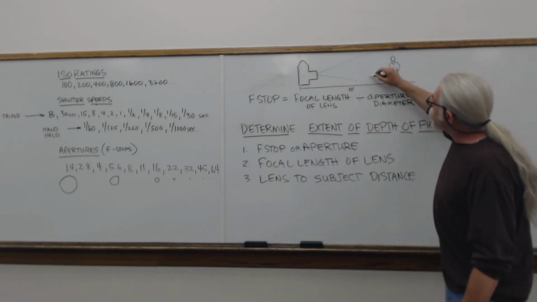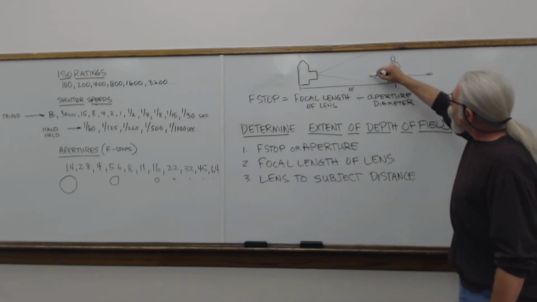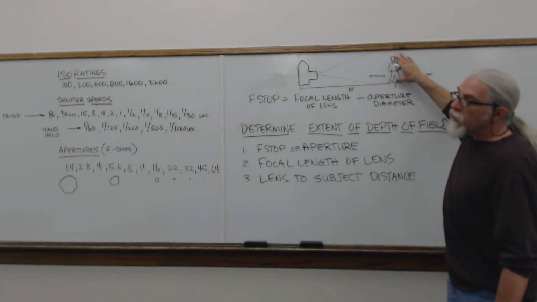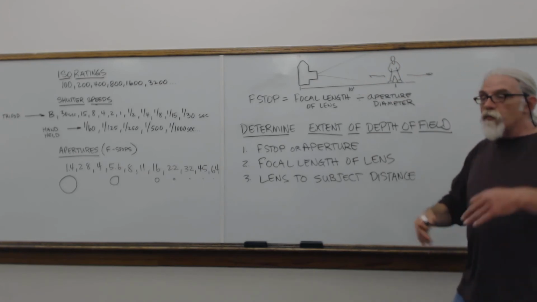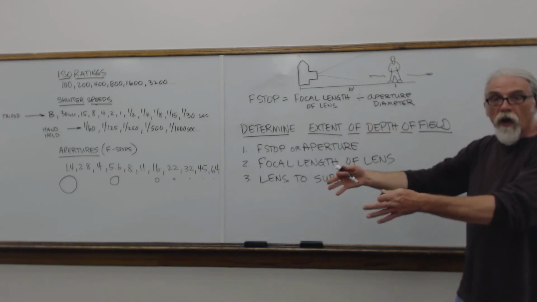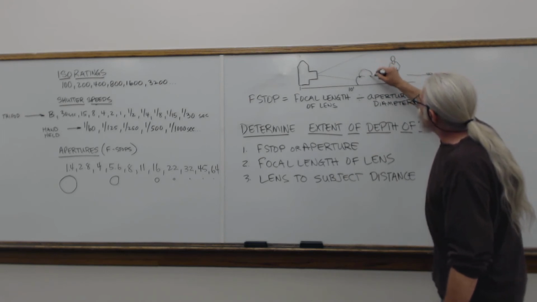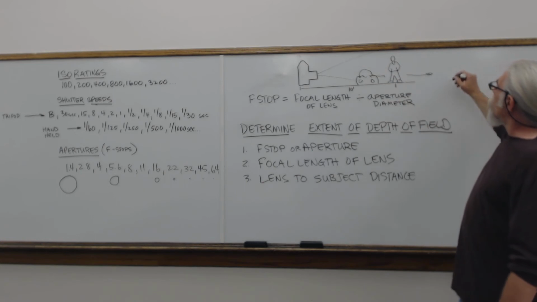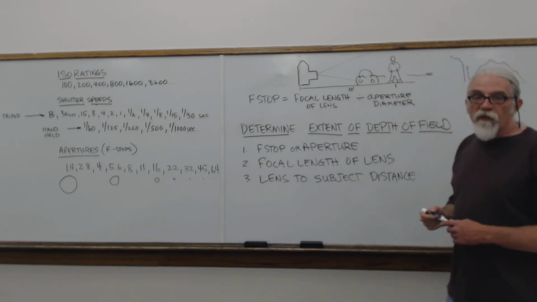As we get closer to the camera and the lens and move away from it, anything that's in front of the figure, if there was a tree branch, an object, a car in front of them, and we were photographing from this point, it would become out of focus, as well as trees in the background or mountains that are further away.